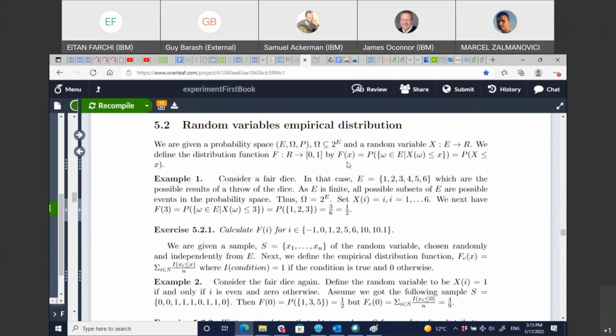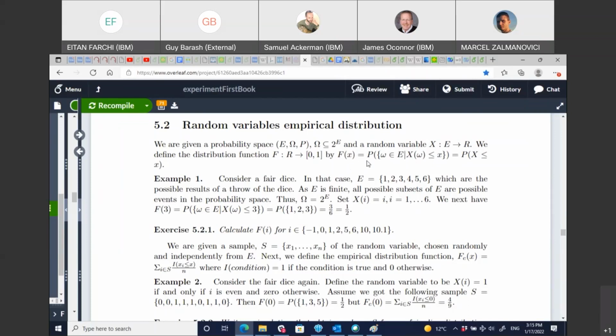So if you look at the definition here, exactly as you said, it's the probability of the set of all elements in the space for which the random variable has a value that is less than x. So exactly as you said, this is not the density. This is the distribution function, and it's the cumulative density for those who are familiar with density.